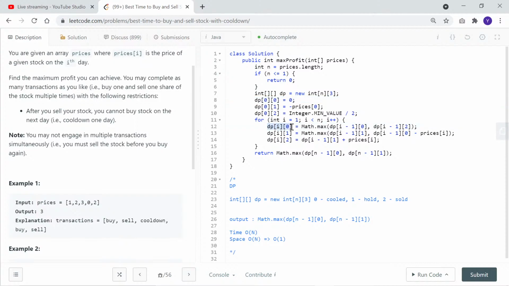The reason is that dp[i] is only dependent on dp[i-1]. So we can use some rolling array to simplify this further to O(1) for the space.